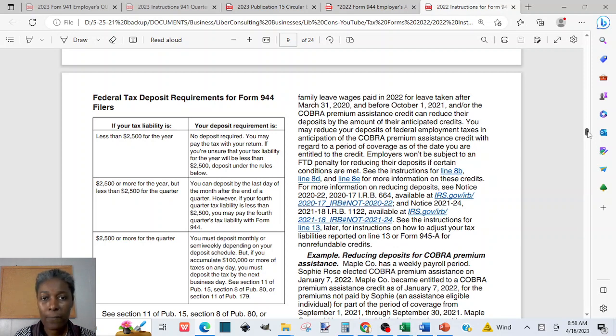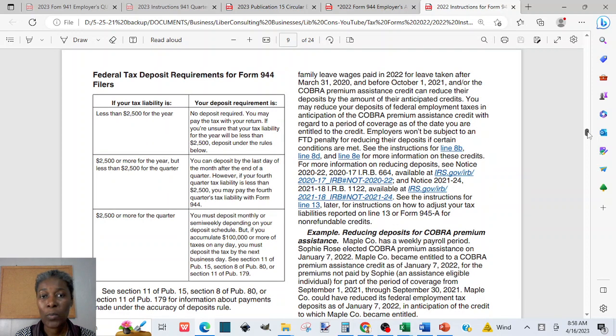So if you are an employer, or you pay yourself as an S corp, where the business pays you, it's good to know your deposit schedule, to be able to make those tax liability deposits based on that schedule, so that when you file your Form 944, you do not have to pay a penalty or interest on those tax liabilities the IRS might consider deposited or paid late.